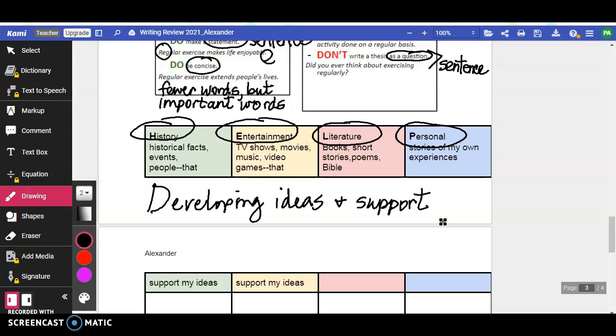Personal examples or stories from your personal experience is the last letter of the acronym, and these are possibly the easiest ones to brainstorm. And I usually advise students that if you cannot recall all the details of a personal story that you want to use as an example, then it's perfectly acceptable to fudge the details a little bit, to make things up, to add to the story.